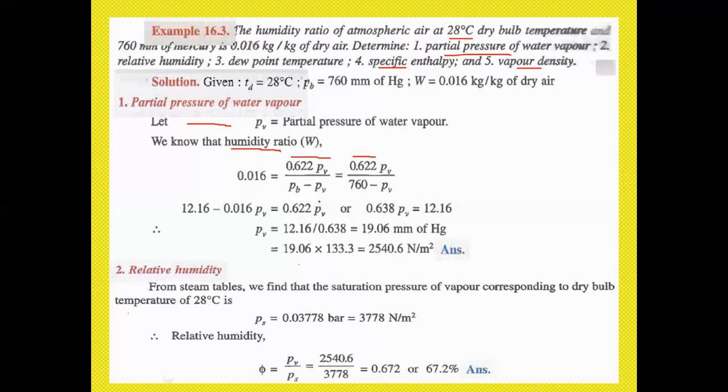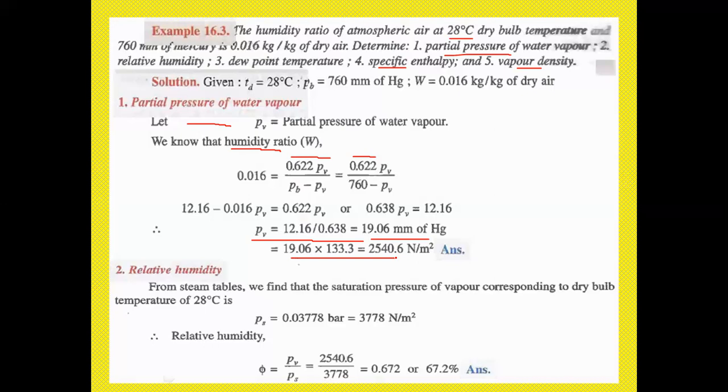After cross multiplying and calculating, we get PV is equal to 19.06 mm of mercury. That implies PV is equal to 2540.6 Newton per meter square.